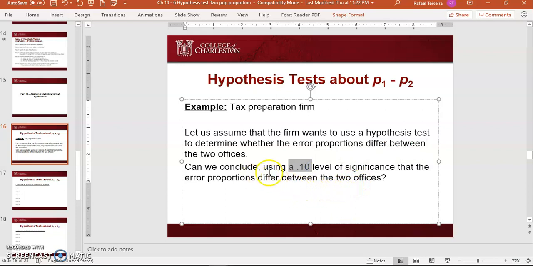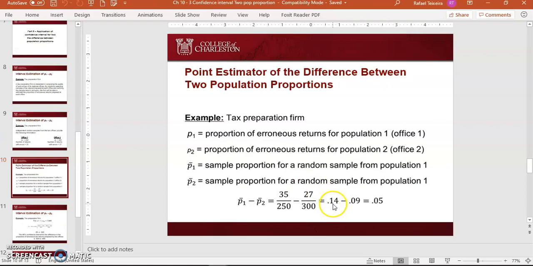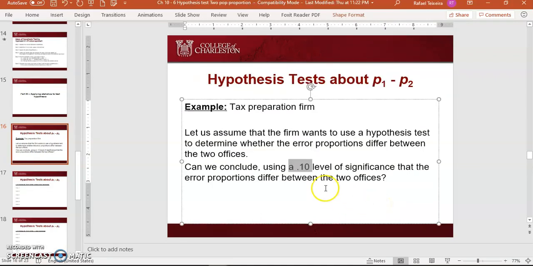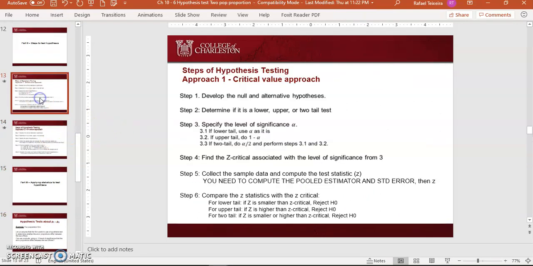The question is, can we conclude using a 0.10 level of significance that the error proportions differ? These two error proportions, do they really differ? The difference is 0.05, but is it really different at the 0.10 level of significance? That's the question here.